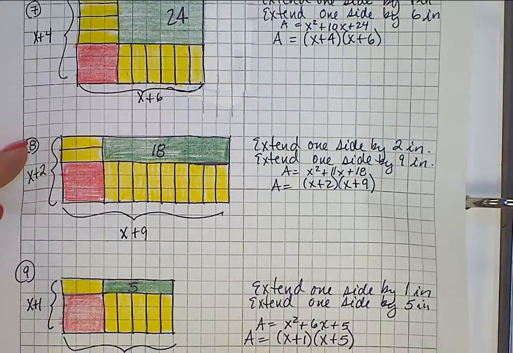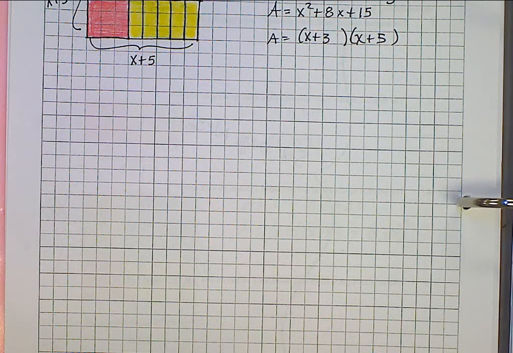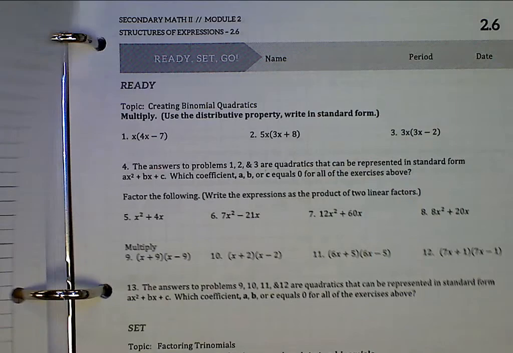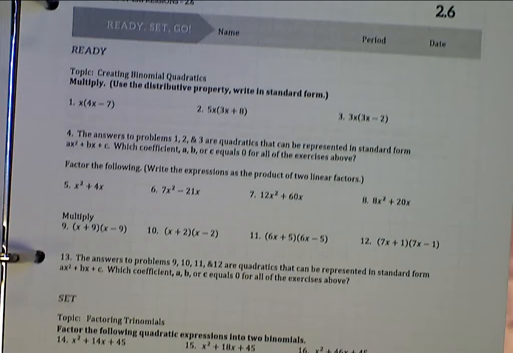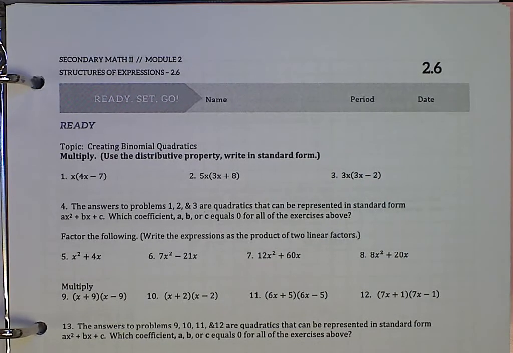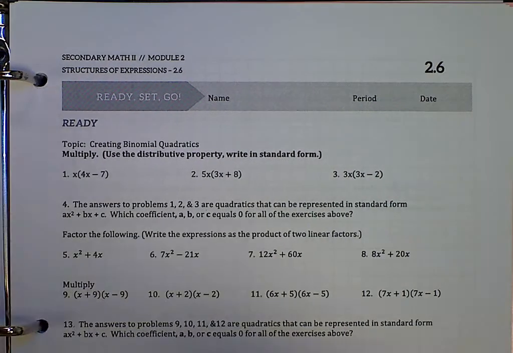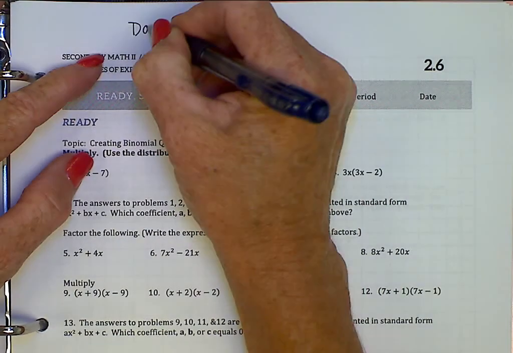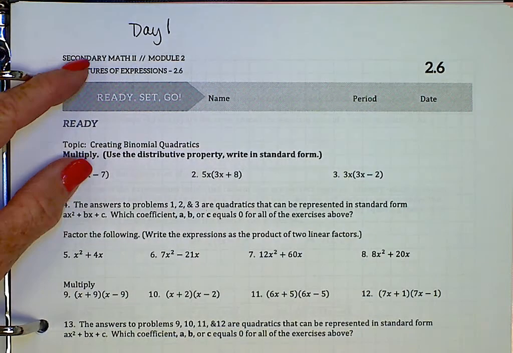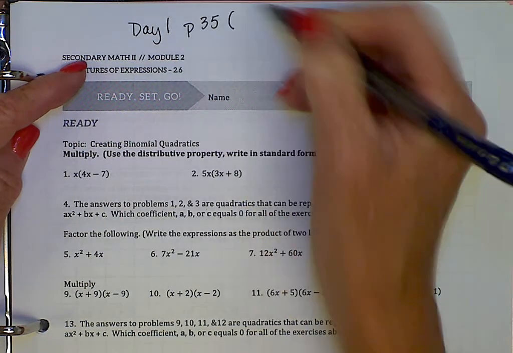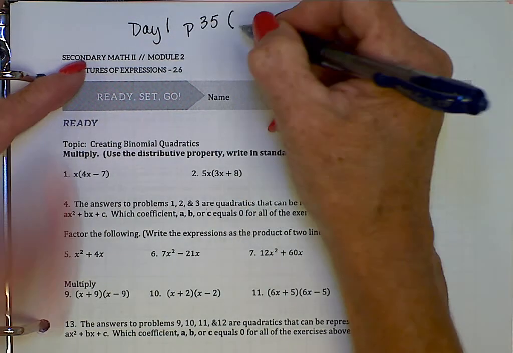All right, almost done for today. Would you please flip up to page 35. On page 35, your day 1 homework for section 2.6 is to do page 35, questions 1 through 13.